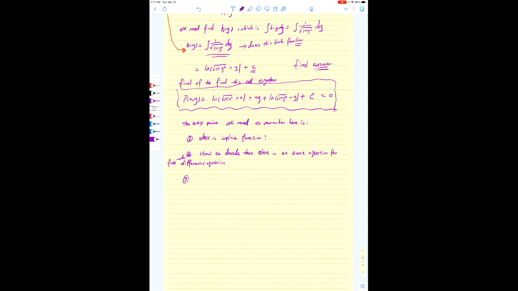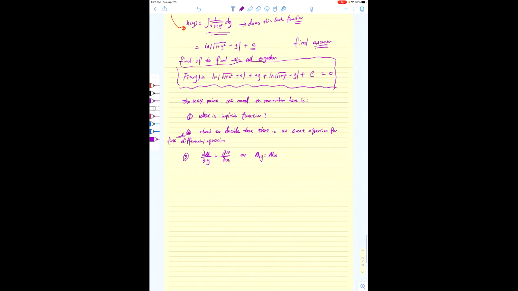And last, we need to remember this, right? Another way is M_y equals N_x.